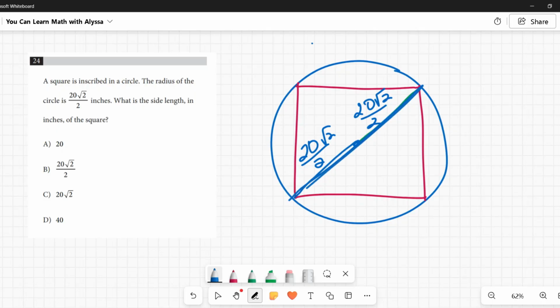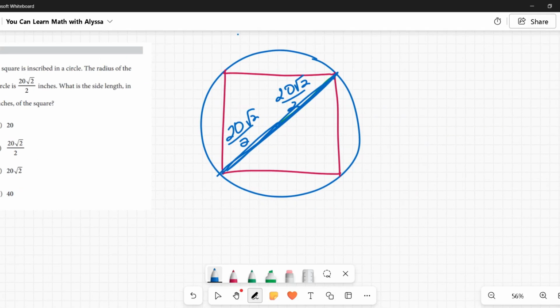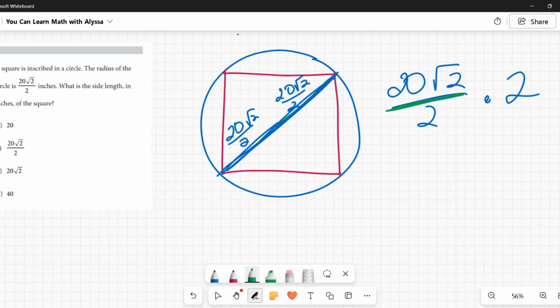So the length of this diameter, this diagonal of the square, it is both of those, is 20 square root of 2 over 2 times 2, because we have two of them. Now, I say over 2, but it actually means divided by 2 when we're saying a fraction.